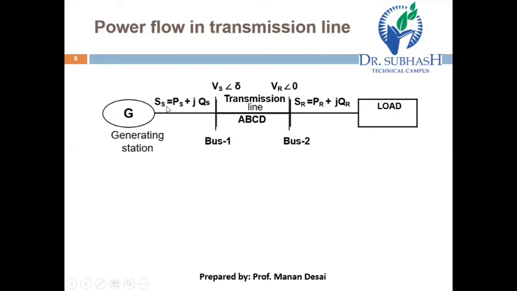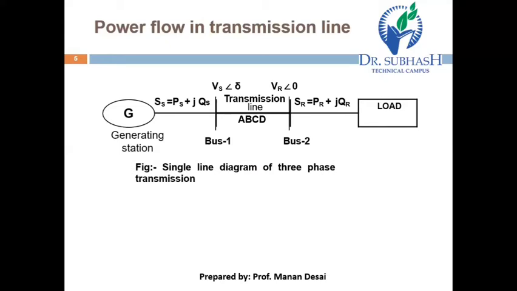SS is equal to PS plus jQS, meaning the apparent power at the sending end is equal to PS, real power at the sending end, plus jQS, reactive power at the sending end. Same at the receiving end, SR equals PR plus jQR. Now, VS has some angle delta, which is the load angle, and VR is the reference, so it is at zero angle.